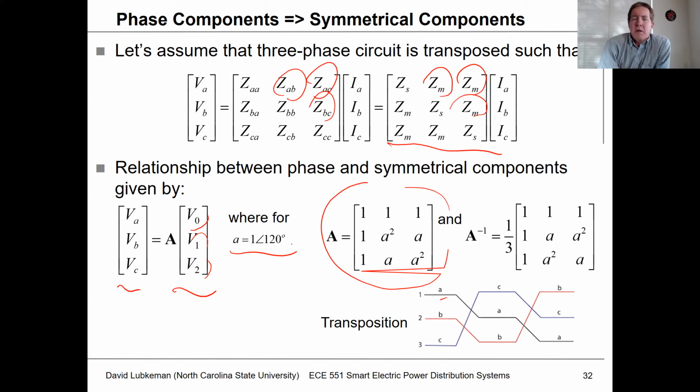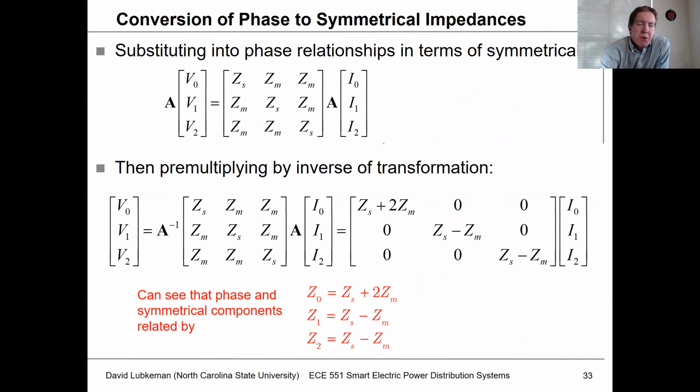So if this is the relationship between voltage and current in the phase domain in terms of A, B, and C, I can rewrite this in terms of sequence voltages, which we use a lot of times for protection purposes.